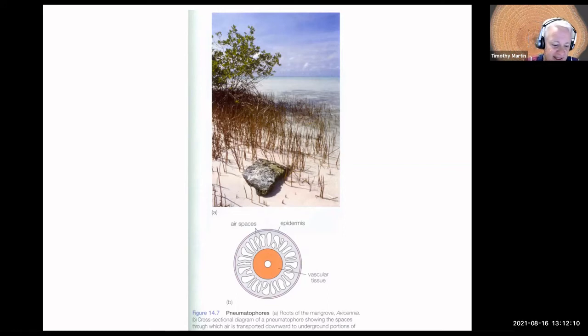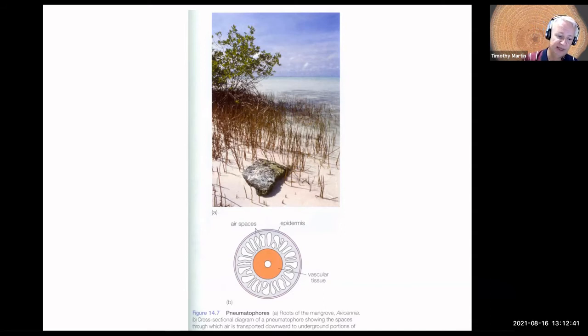So in some tree species like mangroves, where the root systems are routinely underwater for long periods of time, the living cells in those root systems require oxygen. And there's less oxygen dissolved in the water than in the atmosphere. So the formation of aerial roots allows the transport of oxygen down into the root system so that they can be oxygenated.